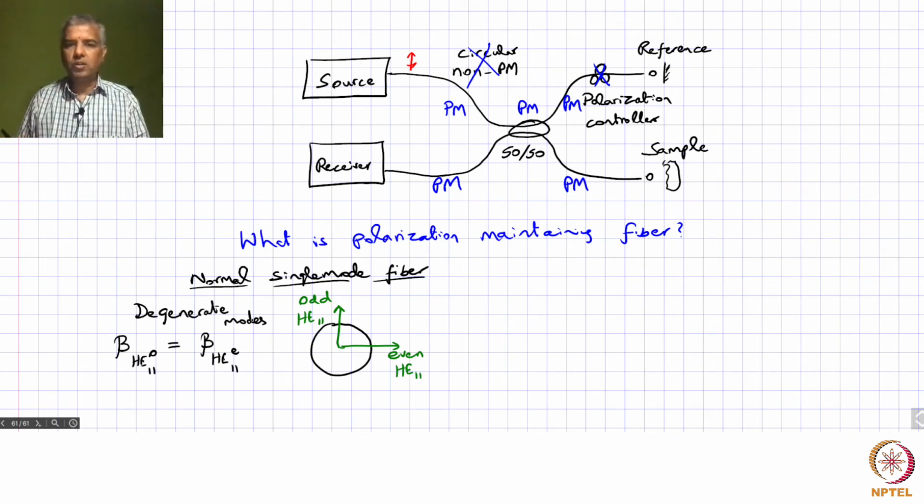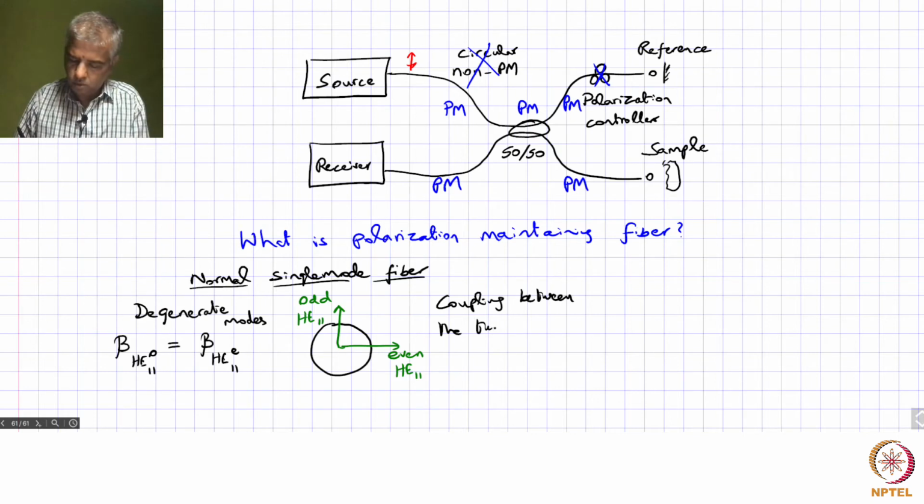And because of that, you are having what is called random birefringence, and through the random birefringence, you get coupling between the two orthogonal modes.